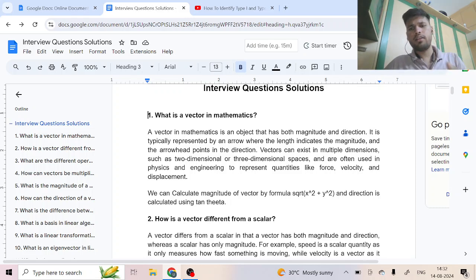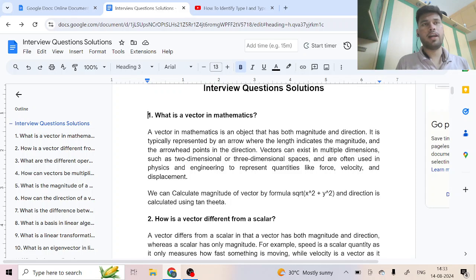A vector can exist in multiple dimensions: one dimension, two dimensions, three dimensions, etc. In a vector, we can calculate the magnitude by a formula. Suppose in 2 dimensions, the formula for the vector magnitude is the square root of x square plus y square, because in 2D there is an x-axis and a y-axis.